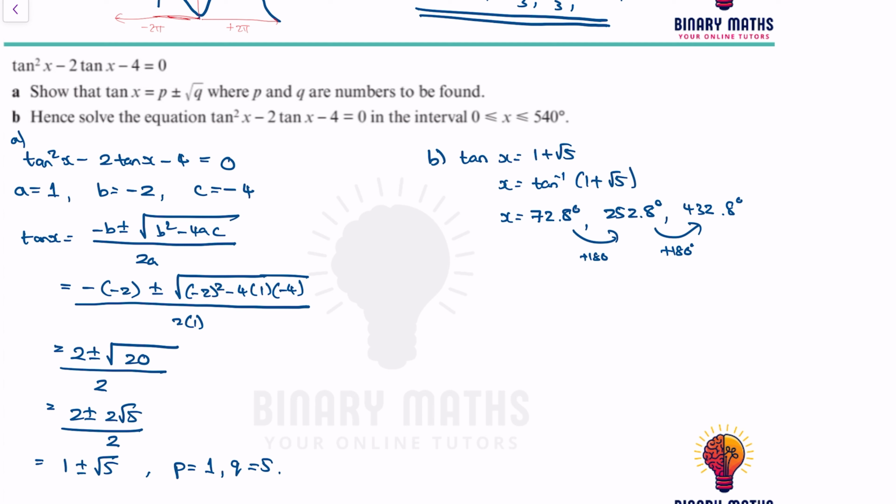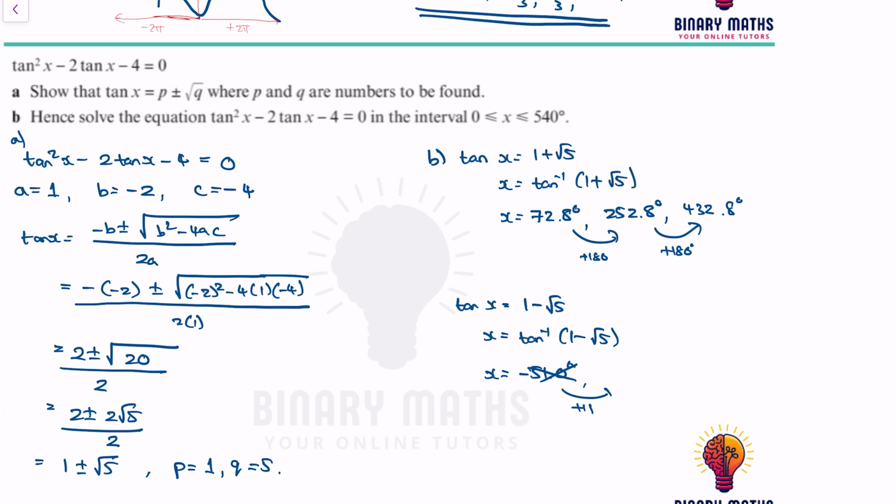My second set of solutions comes from tan x is equal to 1 minus root 5. So x is equal to inverse tan of 1 minus root 5, which gives me a value of minus 51.0 degrees in my calculator. This is outside my range.